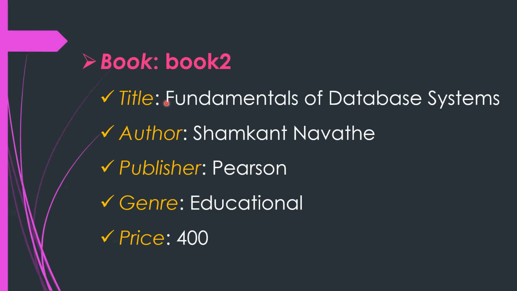Like this, we have different details, but we have the same attributes. So whenever we are talking about a class and its objects, we can say that the attributes will be common for all the objects, but the details of those attributes will be different for different objects.